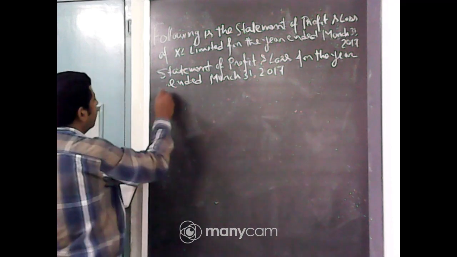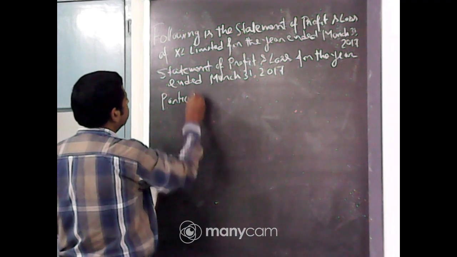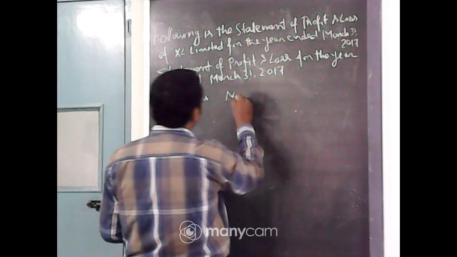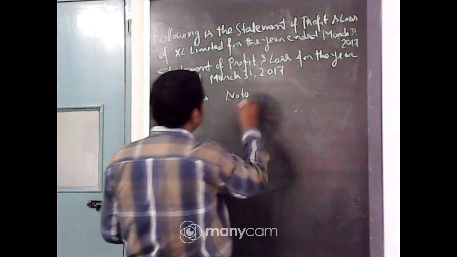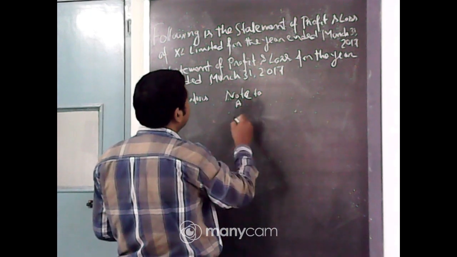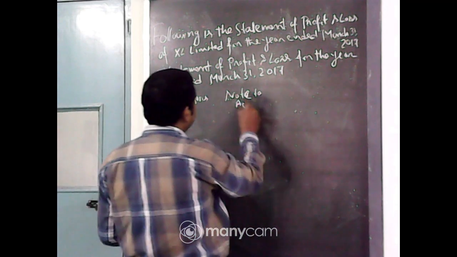There are particulars and note to accounts. As per the Companies Act 2013, the note to accounts is compulsory in the company profit and loss statement.